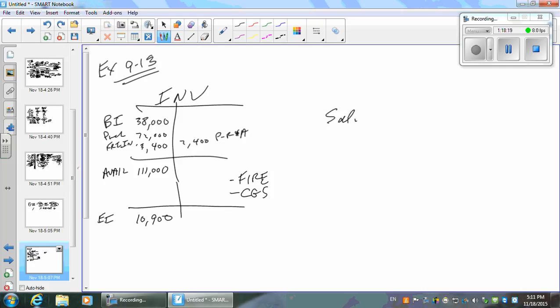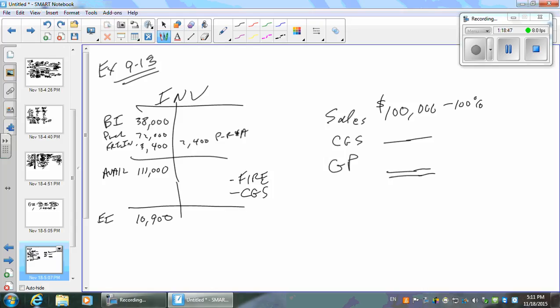Sales less cost of goods sold is gross profit. Am I right? What's sales? This 100,000 is 100% of itself. Would you guys agree with that? Okay? What did they give me? They give me the cost percentage or the gross profit percentage?